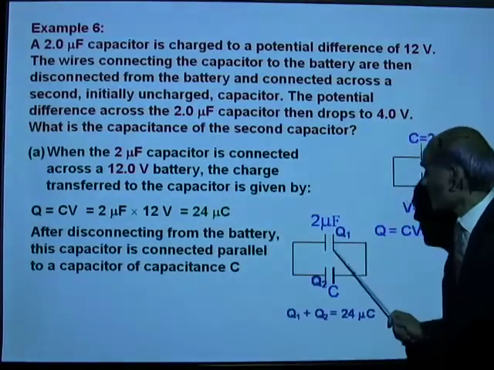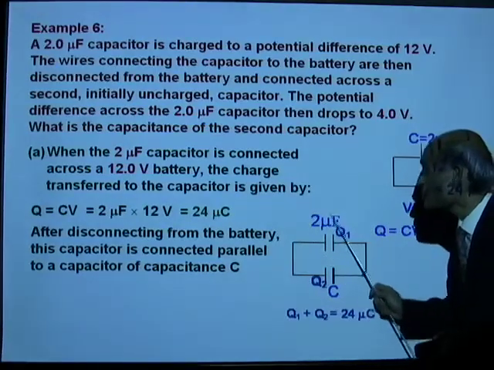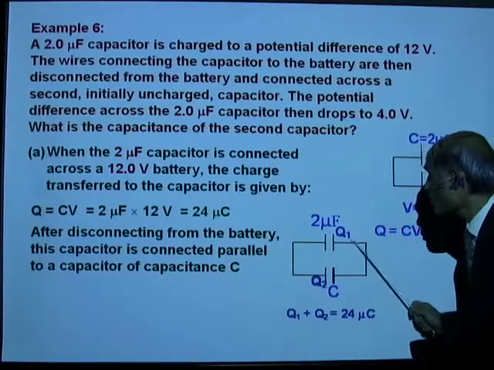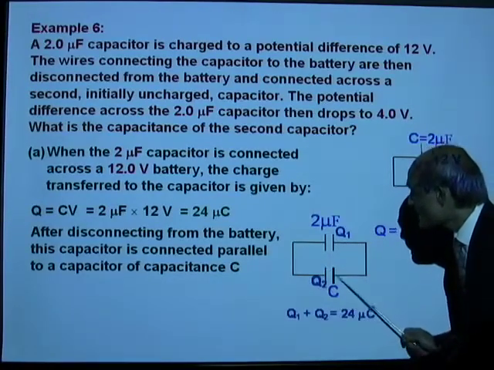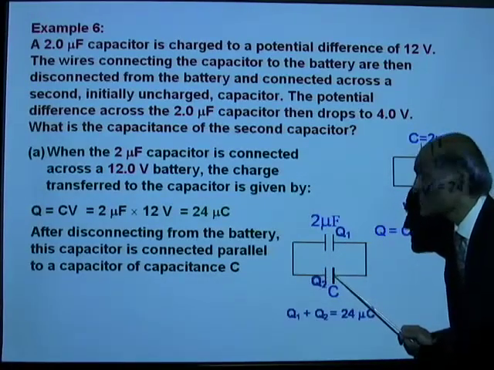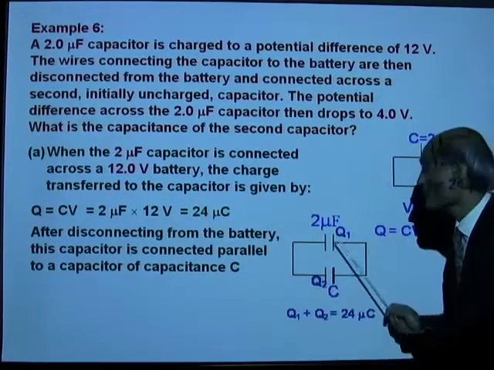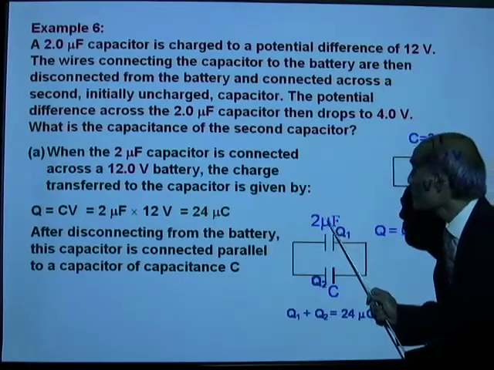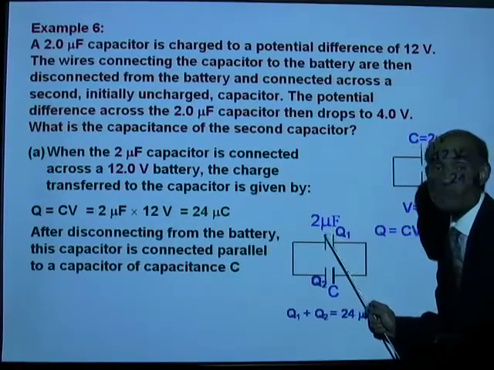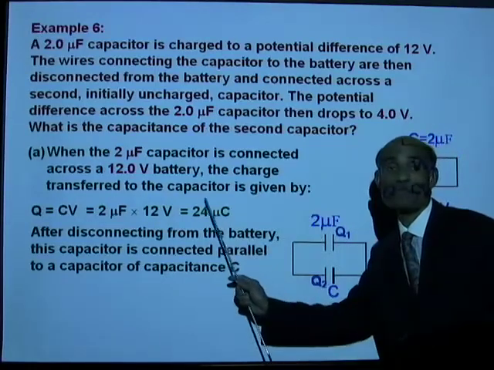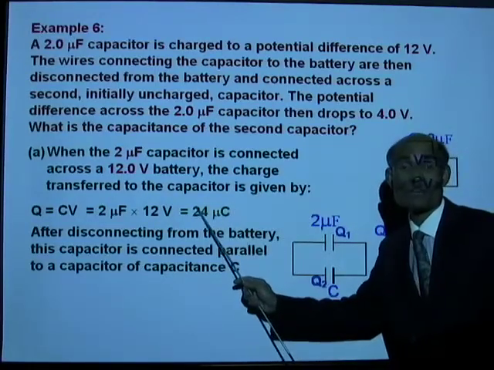There you go. This is Q1, our original 2 microfarad capacitor. It is now connected across a capacitor of capacitance C. We don't know the value, we need to find the value. Now, initially after charging, what is the amount of charge in the 2 microfarad capacitor? 24 microcoulomb.